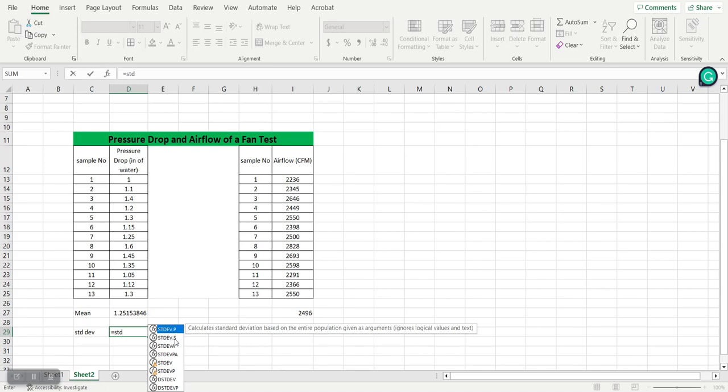S represents sample and p represents population. So you will use stdev.p when you have all the population data.